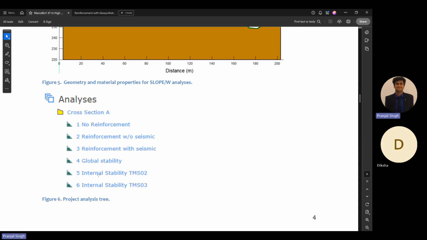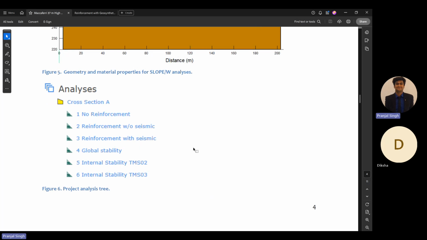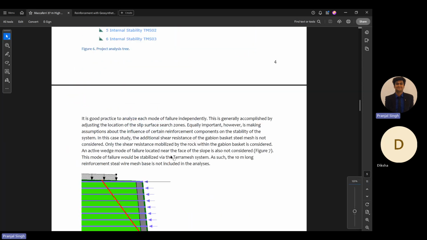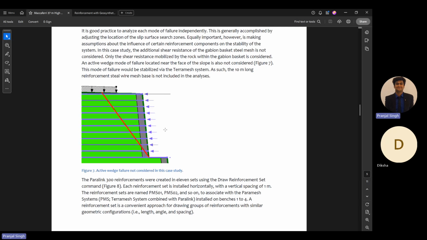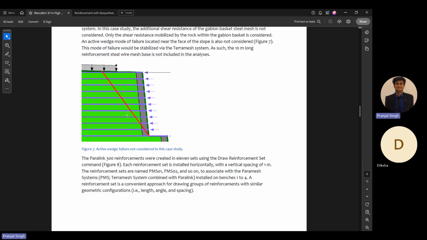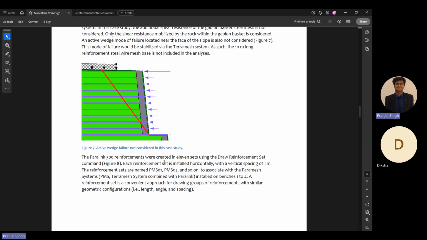So we have multiple cases. The first case is when there is no reinforcement. Second, reinforcement without seismic, and reinforcement with seismic. Then we have global stability and we have internal stability for the two cases. So here, this active wedge failure is not considered for the individual benches, but for the whole slope the analysis is conducted.